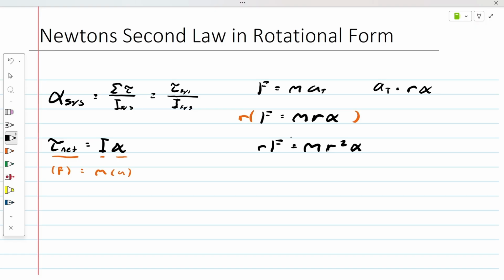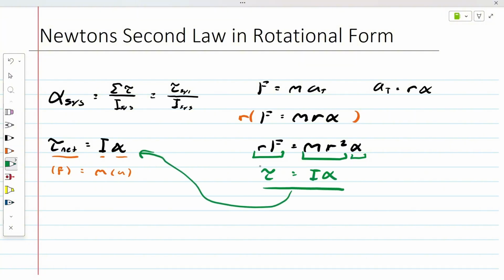But now you may be noticing here, we have r times F, that just equals the torque. m r squared just equals this rotational inertia, and then we obviously just have alpha, the angular acceleration. So now we have this equation, which we just derived from Newton's second law. So pretty cool, we can easily derive it.